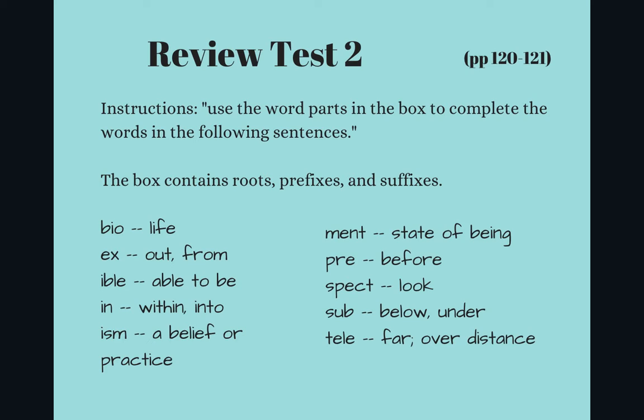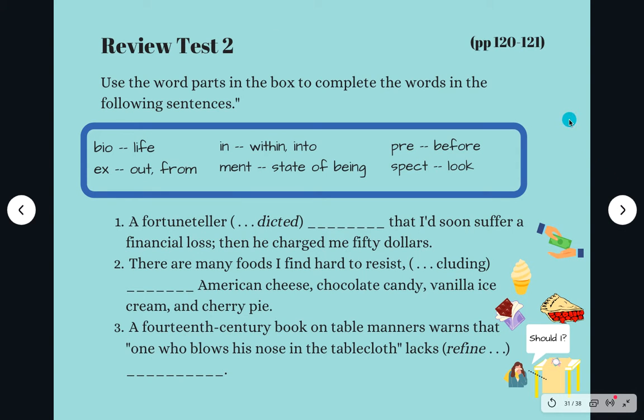Bio means life, ex means out or from, able means able to be, in means within or into, ism, a belief or practice, ment, state of being, pre, before, spect, look, sub, below or under, tele, far or over a distance. All right, review test 2.